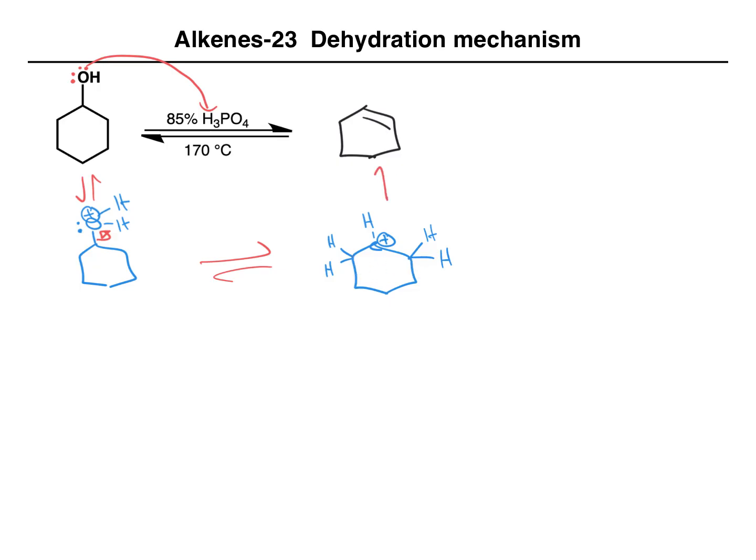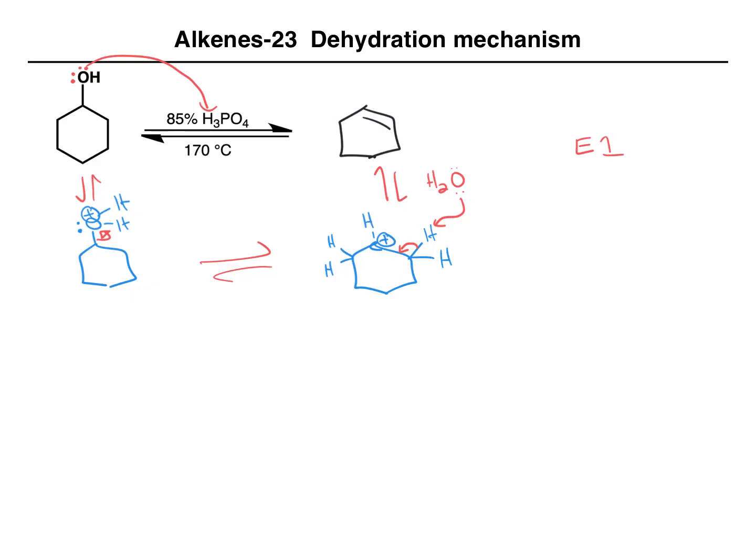So in the third step, when we have water acting as a base, it can grab off one of the hydrogens from the beta position, allowing these electrons to fold in here to form this double bond. And so we are again looking at an E1 mechanism, which proceeds through the formation of a secondary carbocation.